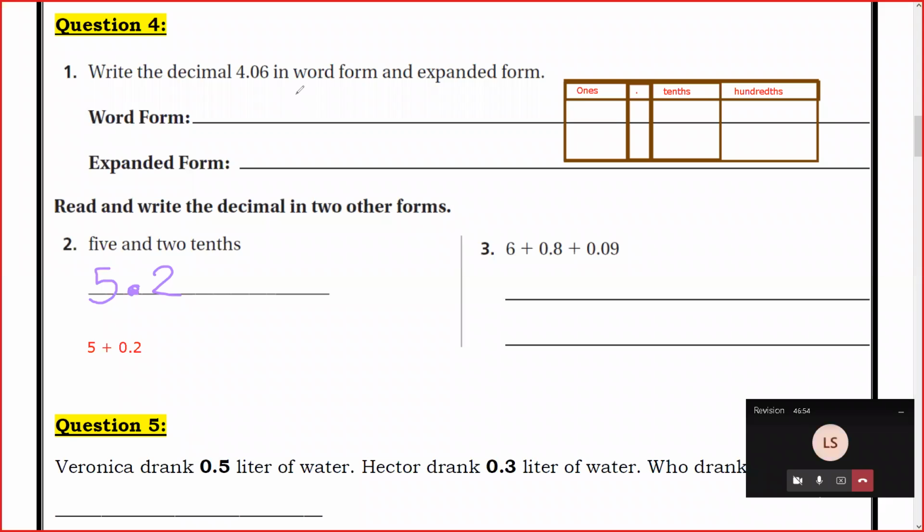Now, the third one here. We have 6 plus 0.8 plus 0.09. Let's add it as you know before. When you want to add, you must arrange your numbers under each other, the decimal points under each other. Sorry, I will repeat it because my writing is not so clear. Here we have 6, and the decimal points under each other.